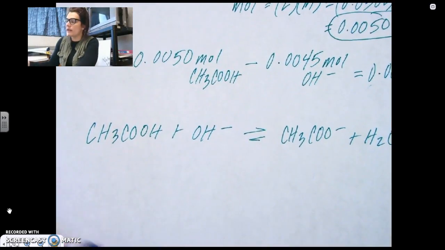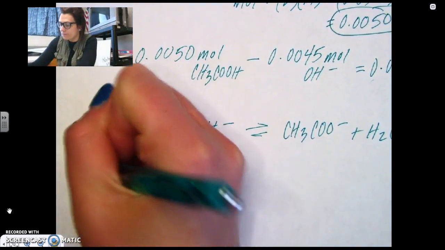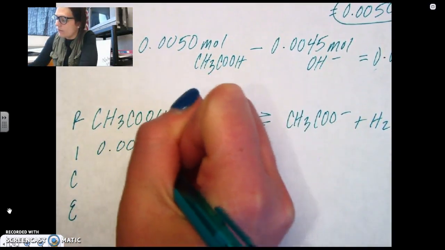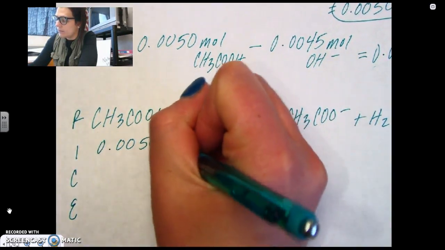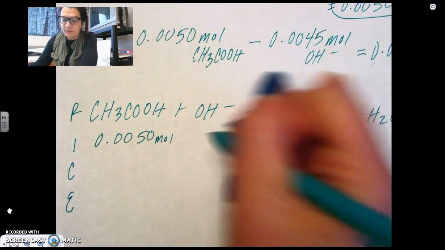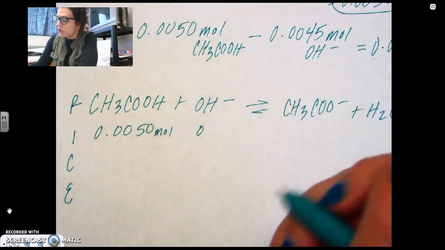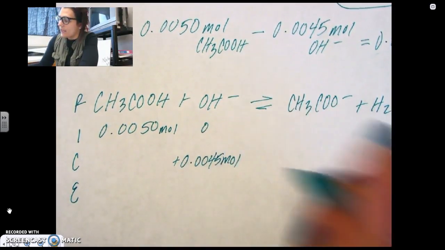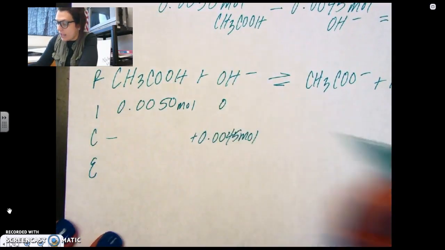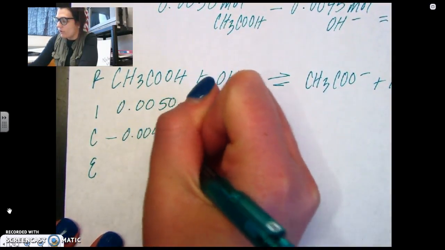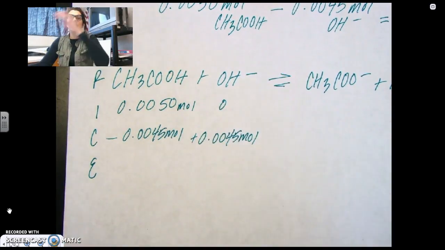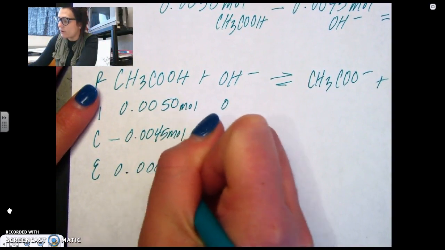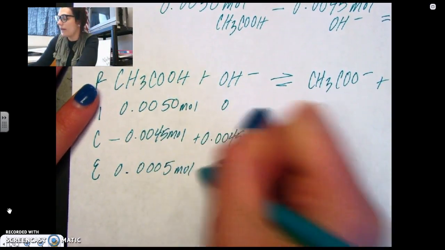If I'm thinking about it in terms of a RICE table, initially I have 0.0050 moles here, and I have 0 here. If I add 0.0045 moles of hydroxide, I'm going to take away 0.0045 moles here, because it's taking away the proton, which means I have 0.0005 moles left here.